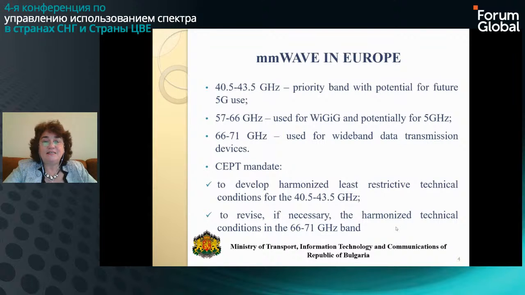The 57-66 gigahertz band has already been designated as and used for WiGig systems. The proximity of the 66-71 gigahertz band indicates that 5G equipment could potentially be used in it. The 66-71 gigahertz band has better propagation characteristics than 57-66 gigahertz.